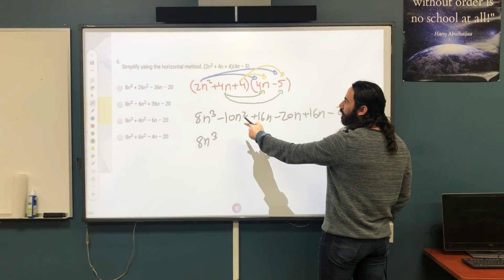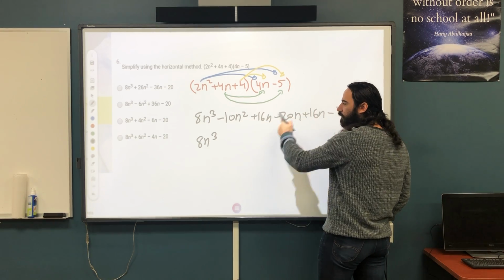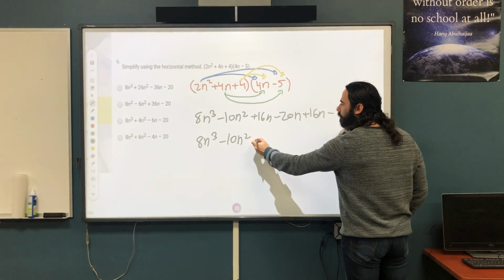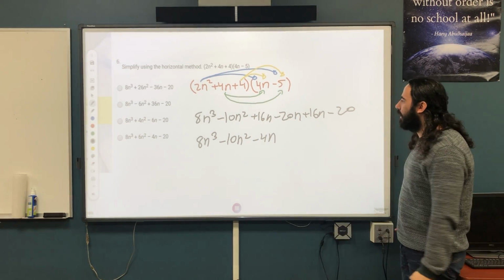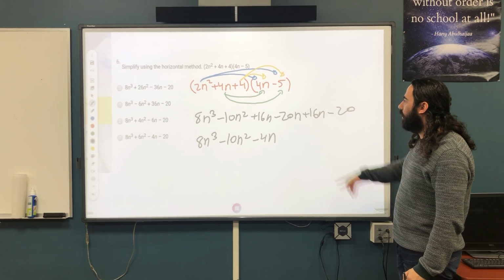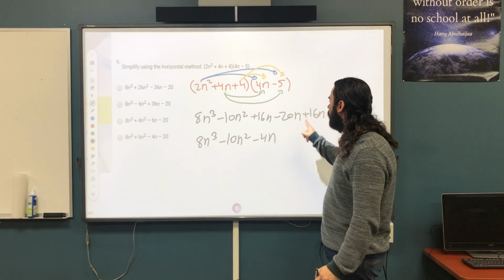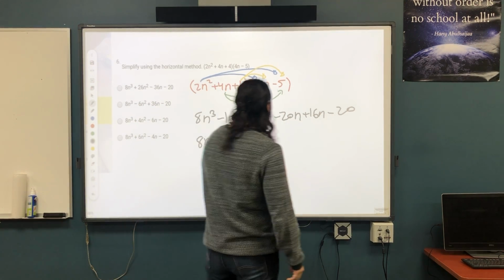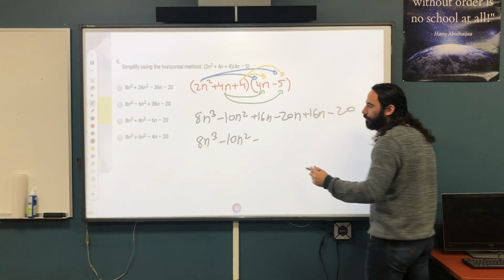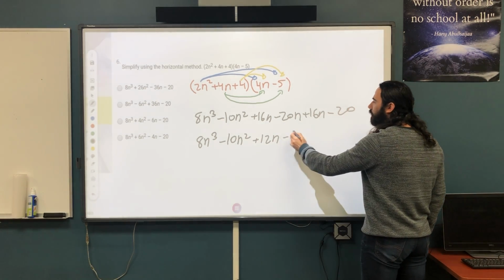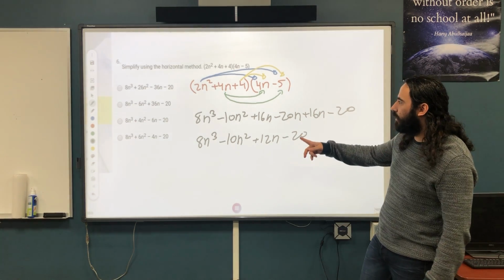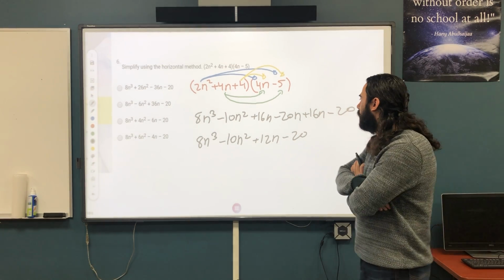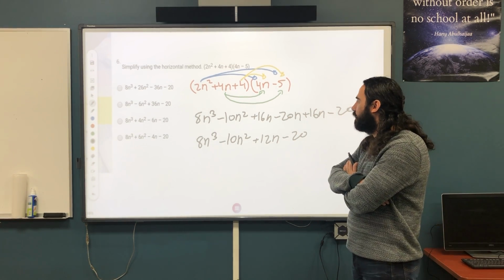Negative 10n squared, as you can see, we have nothing to combine, so we just write down negative 10n squared. 16n minus 20n is minus 4n, and plus 16n, so plus 16n, it's going to be 12n. Let's see if we missed something. Yeah, I guess we missed something.